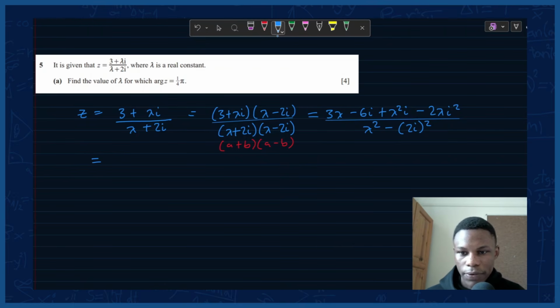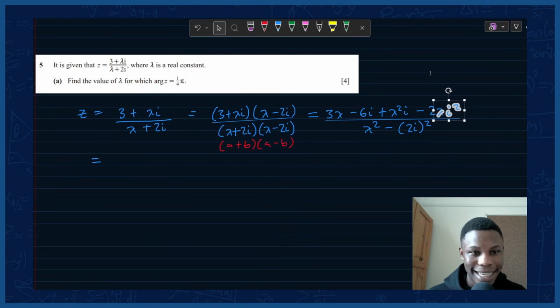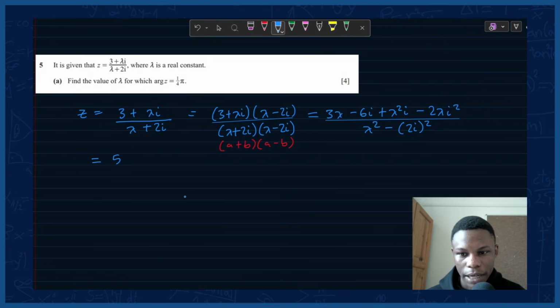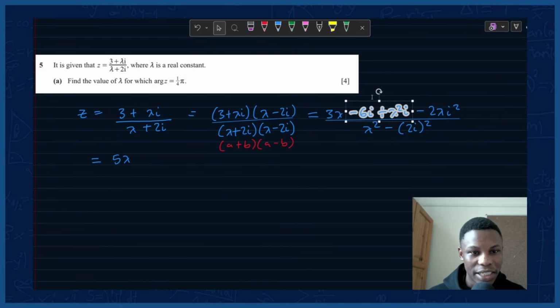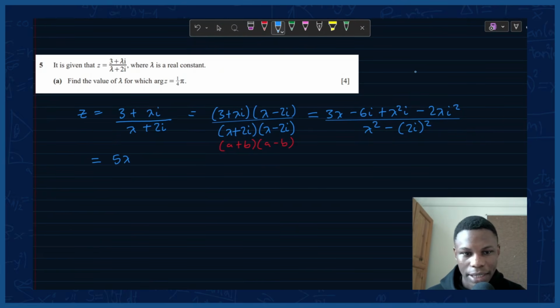And so let's simplify this. On the numerator, we know i squared is -1, so this becomes positive 2 lambda, and it's adding to 3 lambda, so that becomes 5 lambda. And then here we can group these terms and factor out the i, that forms our imaginary term. So if I factor out the i there, I then have lambda squared minus 6 times i.